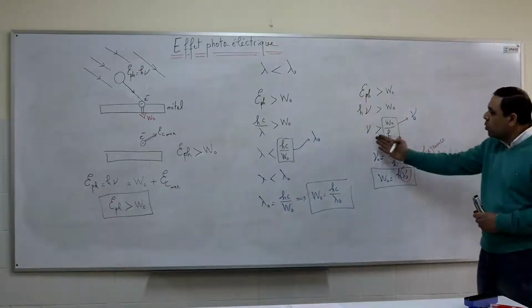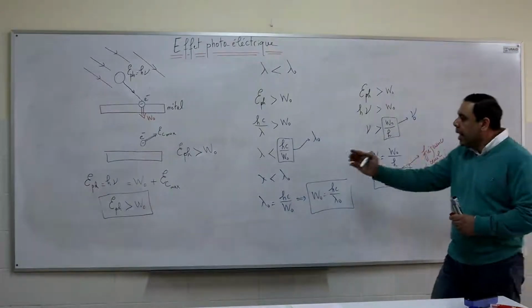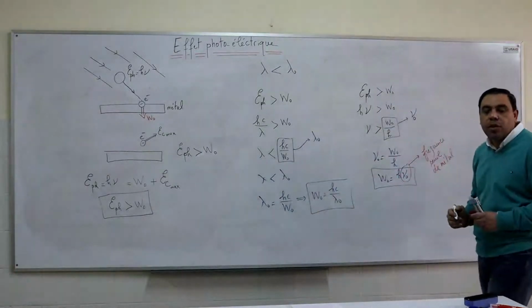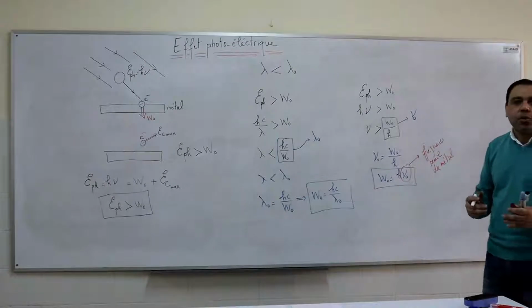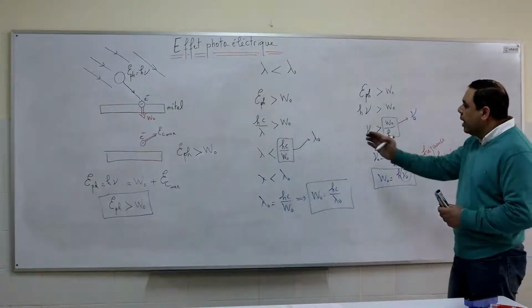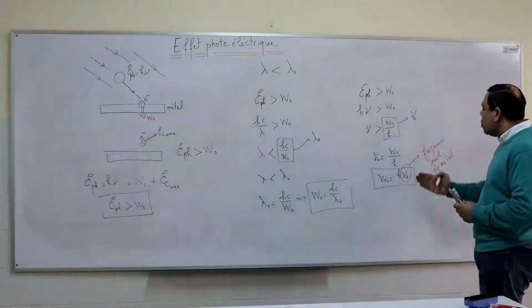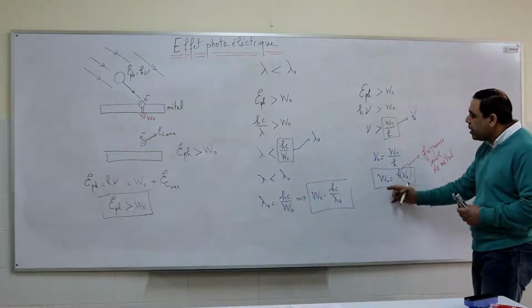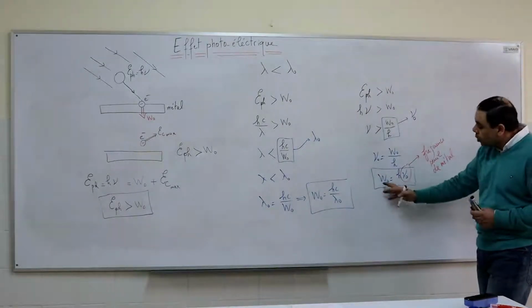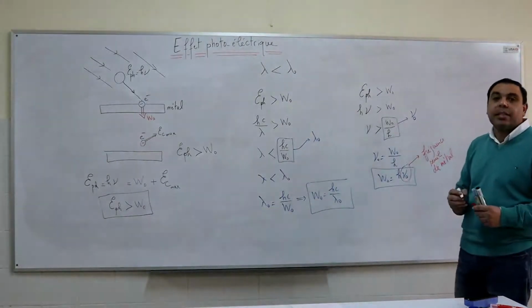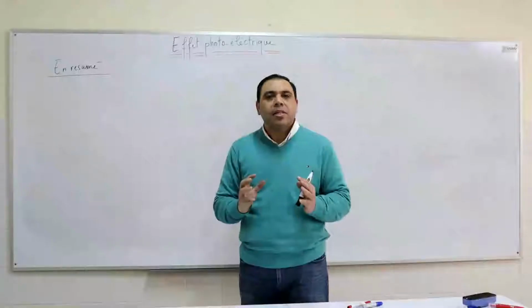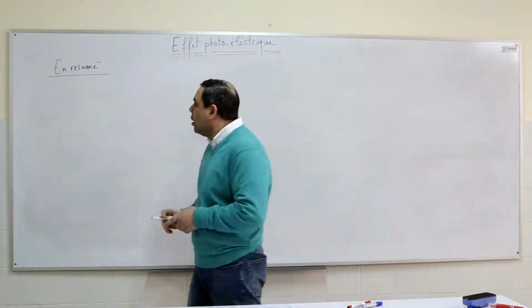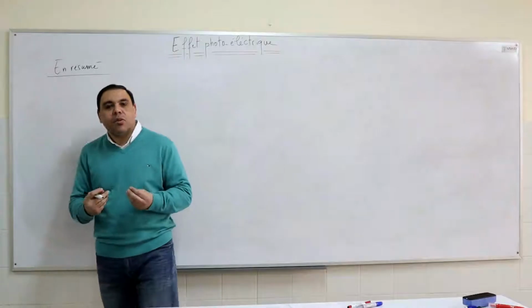Note that nu is greater than nu 0 and lambda is less than lambda 0. In this case, the photoelectric effect will occur. Nu 0, lambda 0, and W0 are characteristics of the metal. Keep in mind that all radiations are formed of photons.